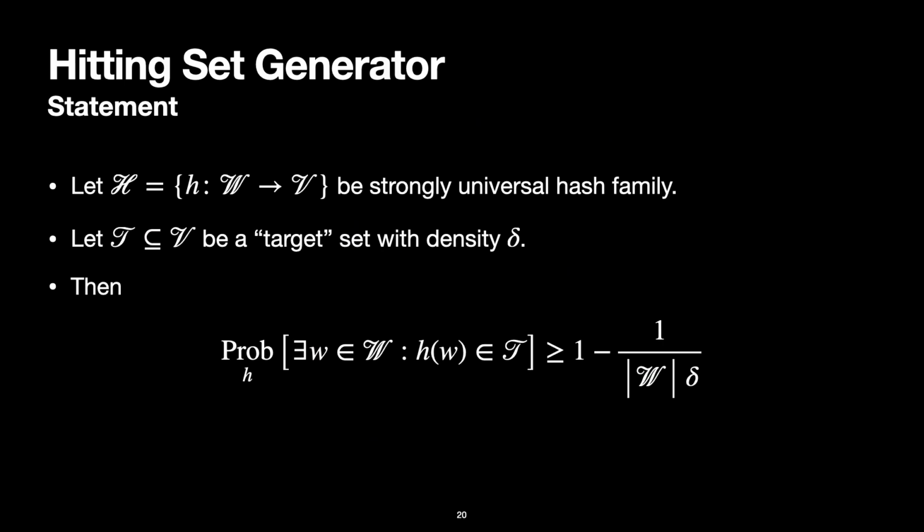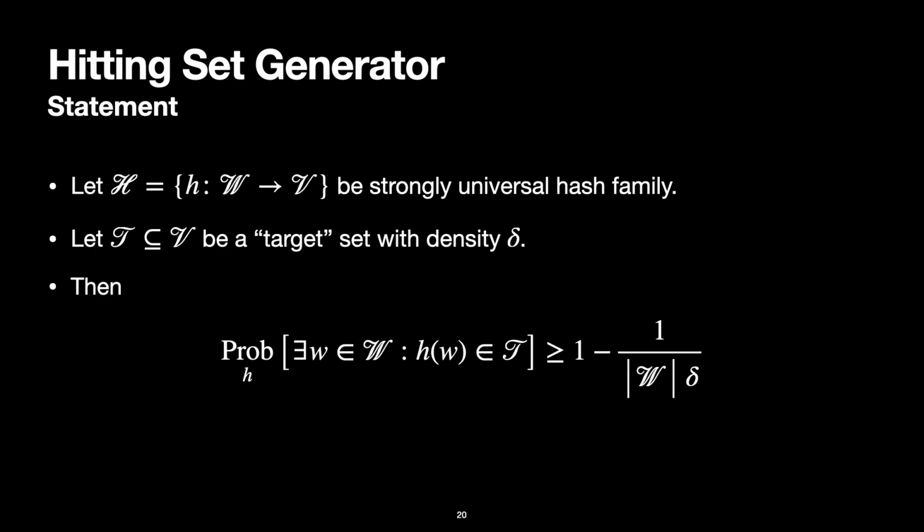And so here's the hitting set generator lemma. This is possibly folklore. Given a strongly universal hash family and a target set that has at least density delta, then the probability that if you sample a hash at random, there exists at least one input to the hash that hits your target set is greater than the expression given at the bottom there.